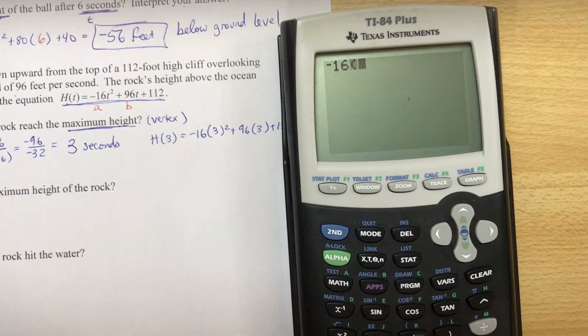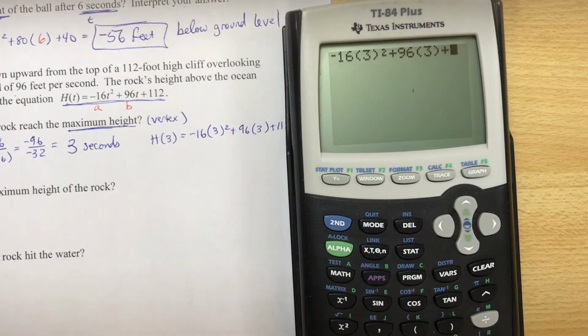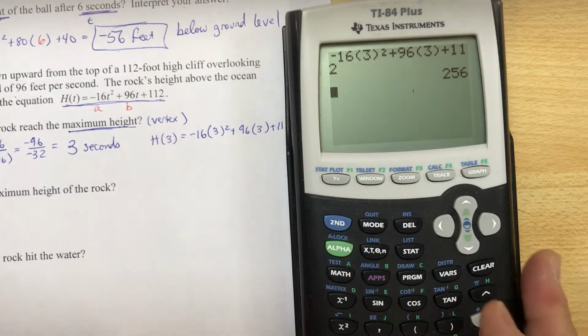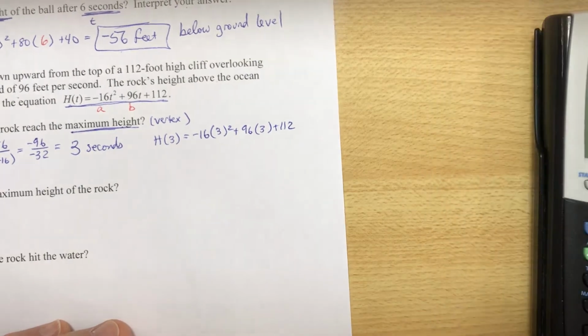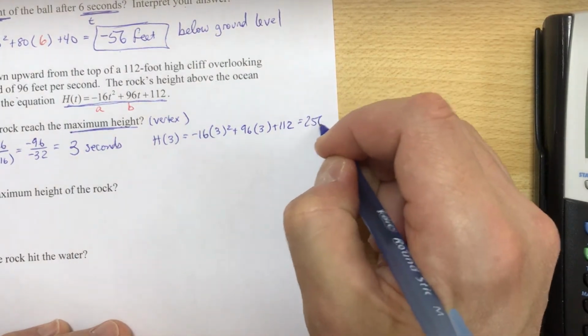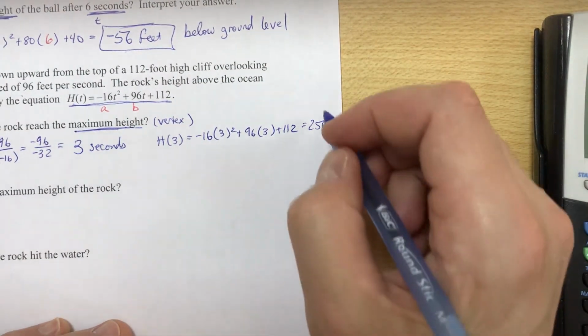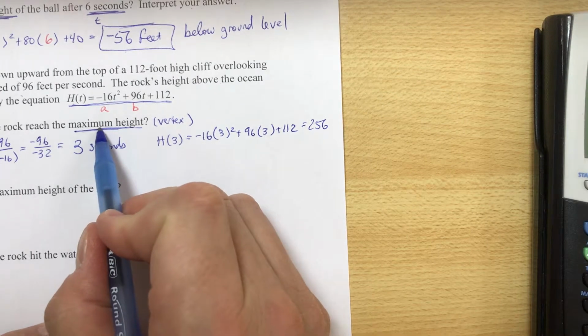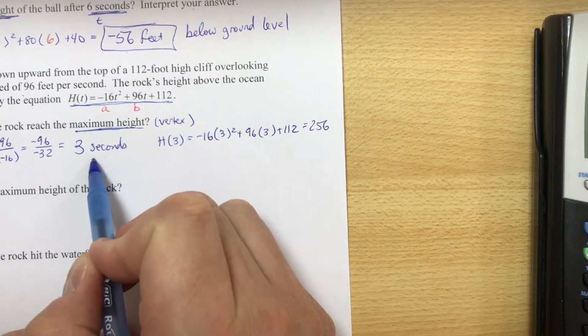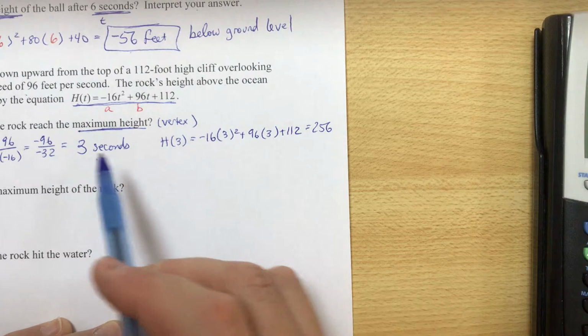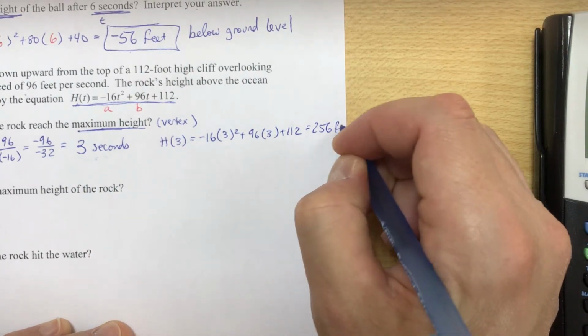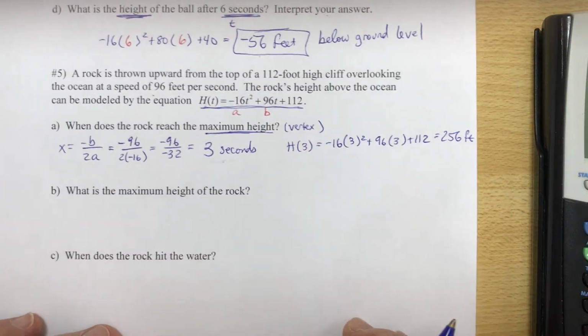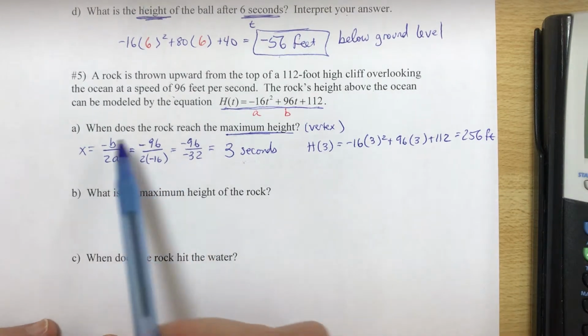So negative 16 times 3 squared plus 96 times 3 plus 112 equals 256. So 256 is the maximum height. That's the height. The answer is not 3, that's the time. So 256 feet.